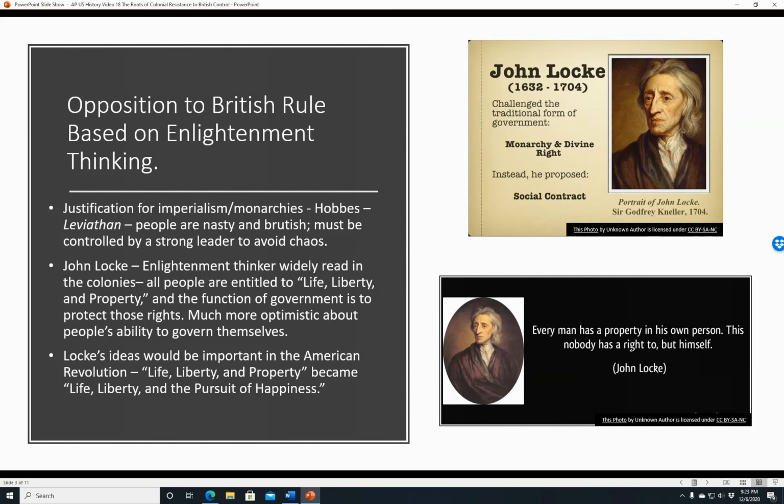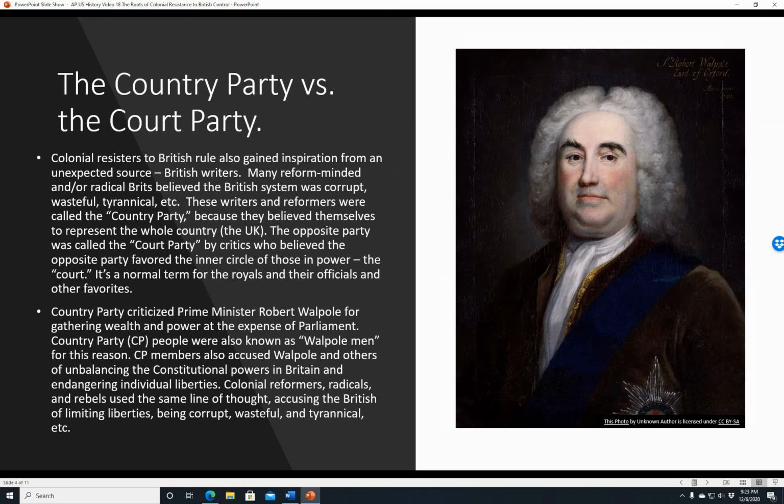So let's move on. The Country Party versus the Court Party. Colonial resistors to British rule also gained inspiration from an unexpected source: British writers.